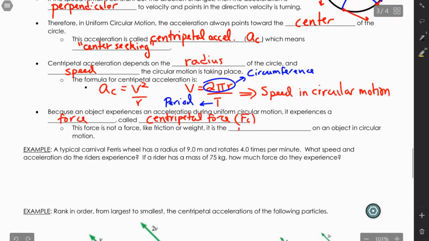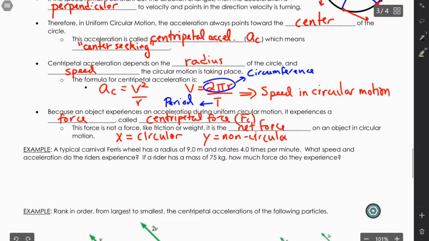It's basically the net force that creates the circular motion. And yes, we're going to do an XY chart at some point in time, where X will be the circular motion and Y will be the non-circular components.